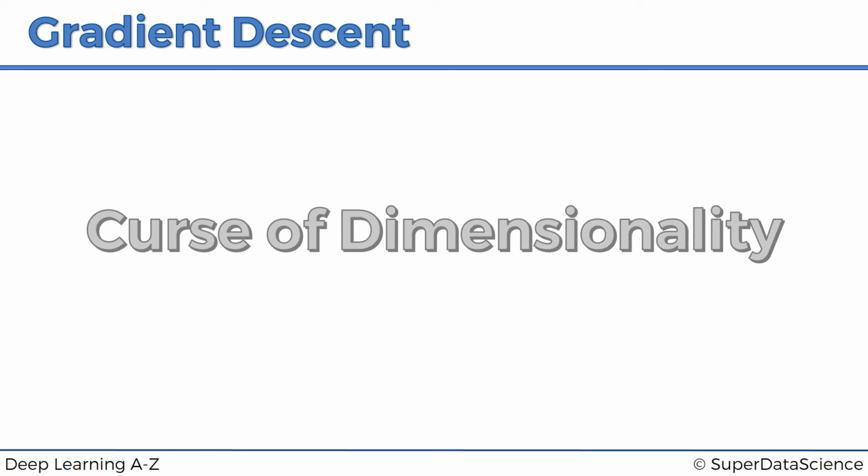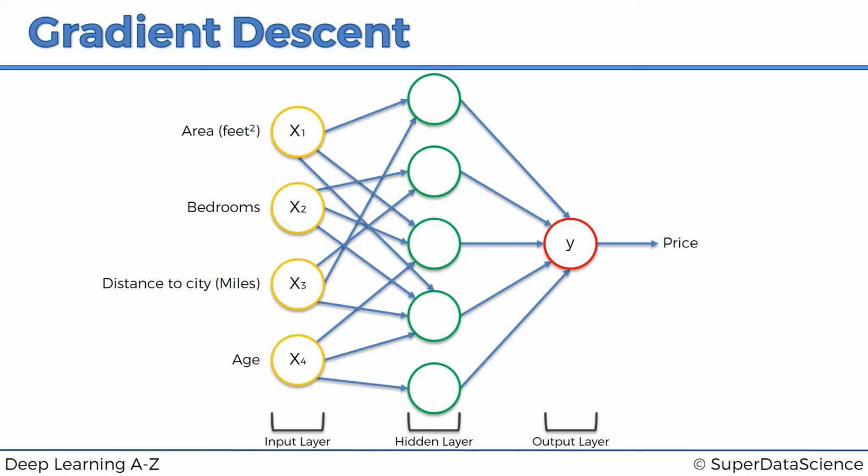The best way to explain it is to look at a practical example. Remember the example we had when we were talking about how neural networks actually work, where we were building a neural network for property evaluation. This is what it looked like when it was already trained up.